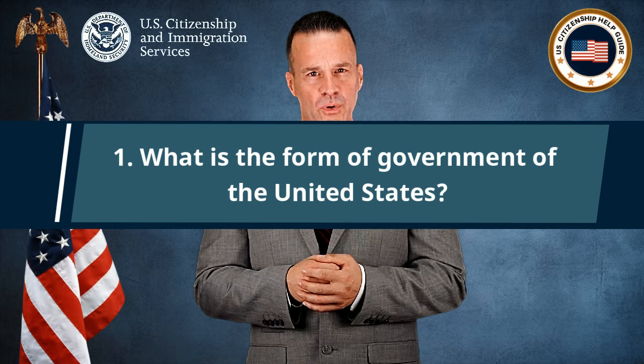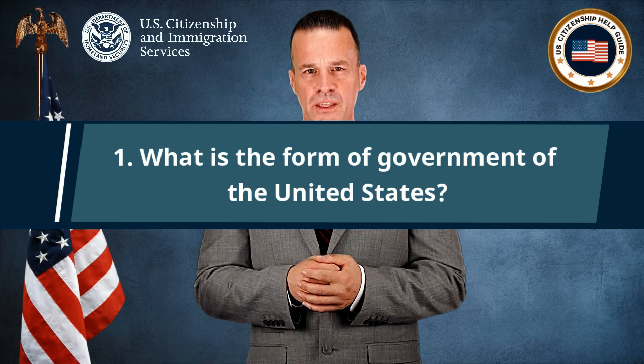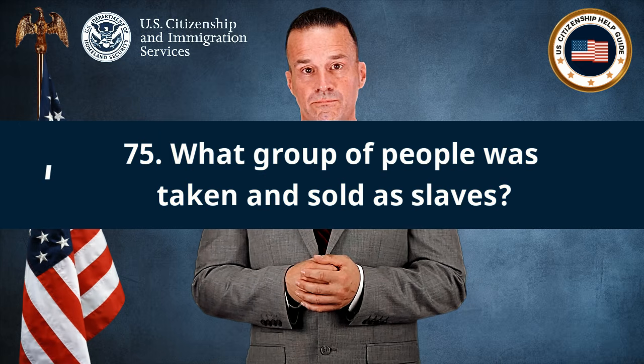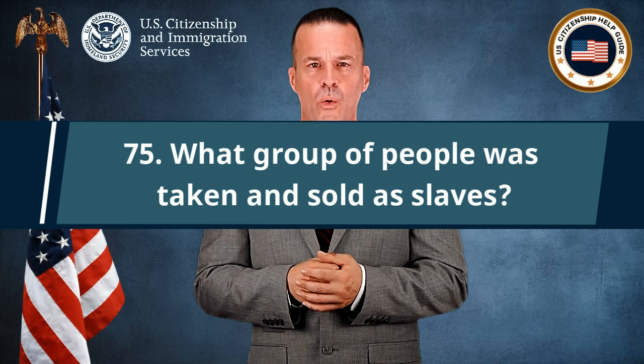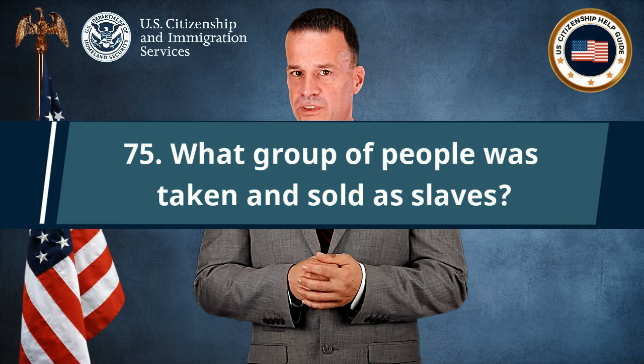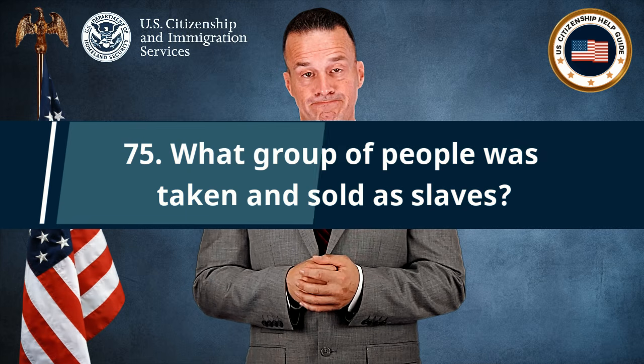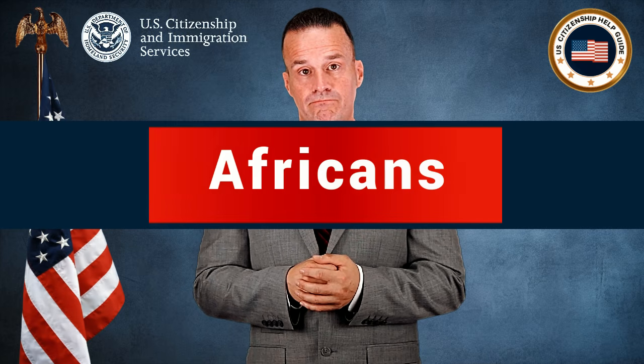What is the form of government of the United States? Republic. 75. What group of people was taken and sold as slaves? Africans.